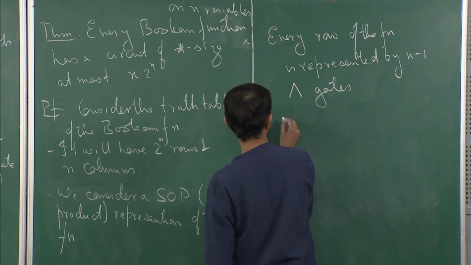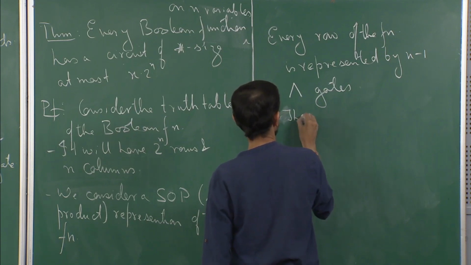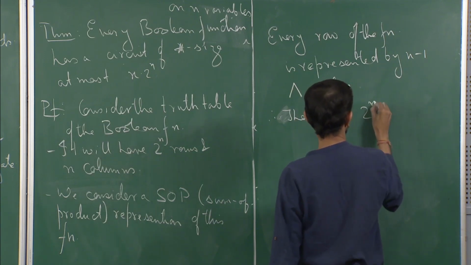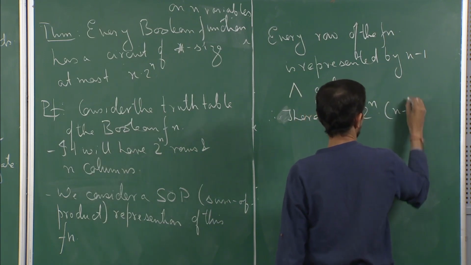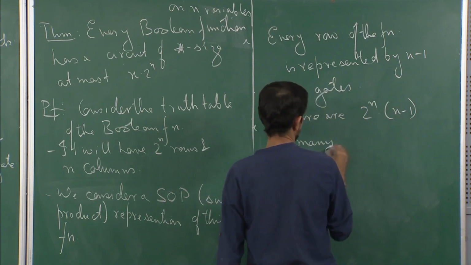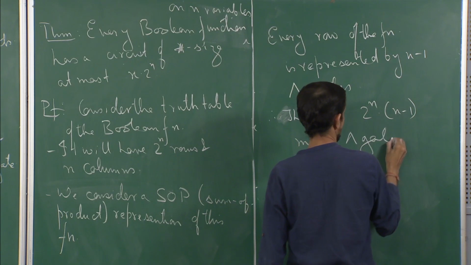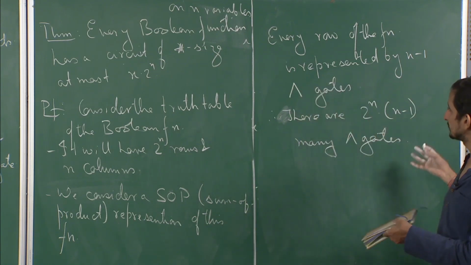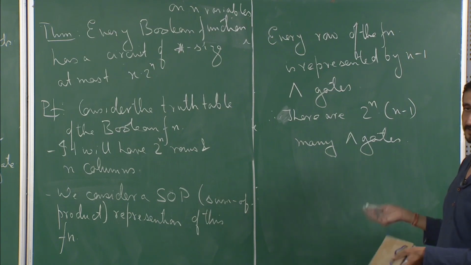Okay, and so there are 2 to the power n times n minus 1 many AND gates, and then the way we combine all these products or all these ANDs is using OR gates.